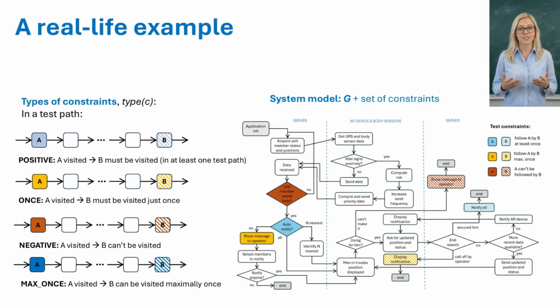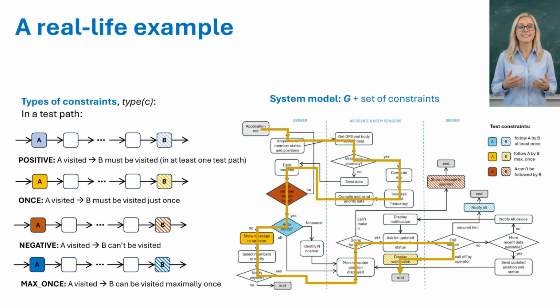Let's show a few types of constraints using an example from our real-life project. During the testing process, we may decide to not test certain parts of the process in the current test round because we have tested them already. So, we place the negative type of constraint at two suitable nodes in the workflow, and this constraint will prevent the test paths from entering certain parts of the workflow we wish to skip in the tests.